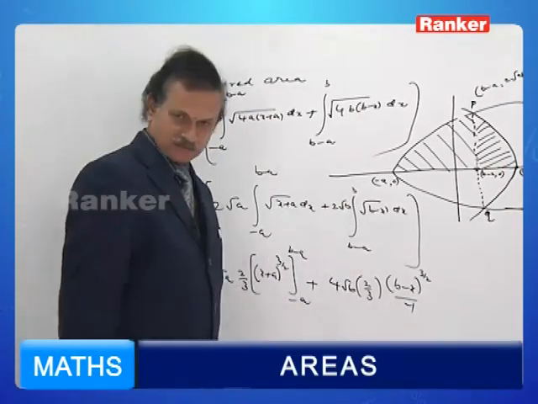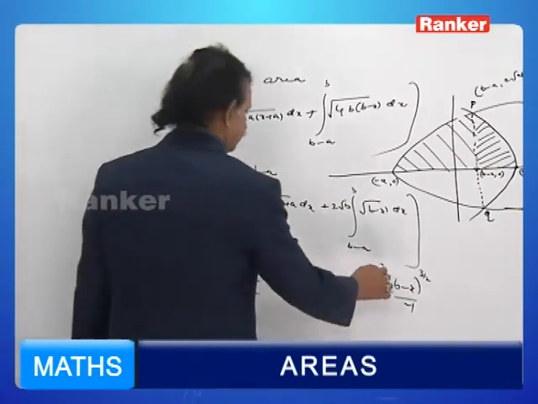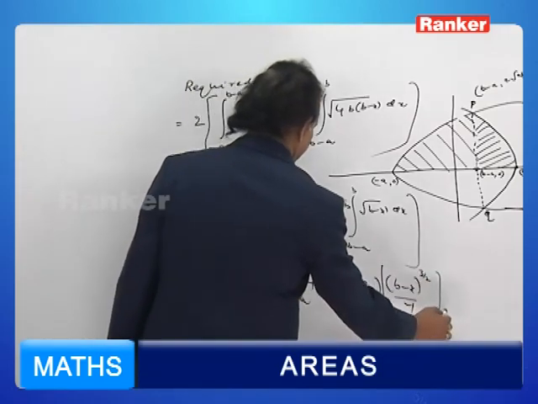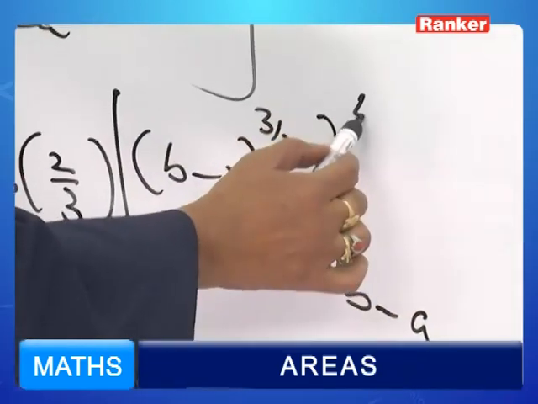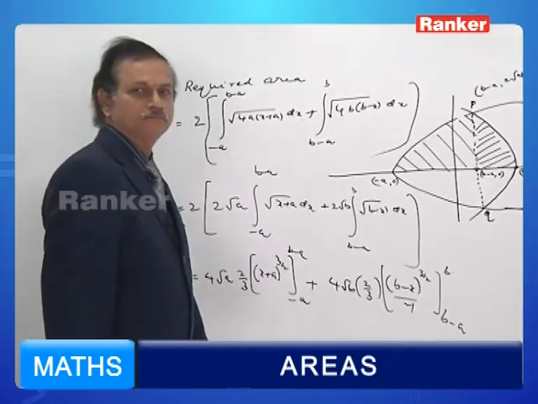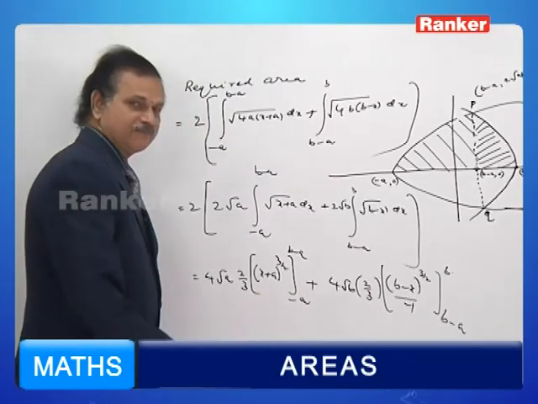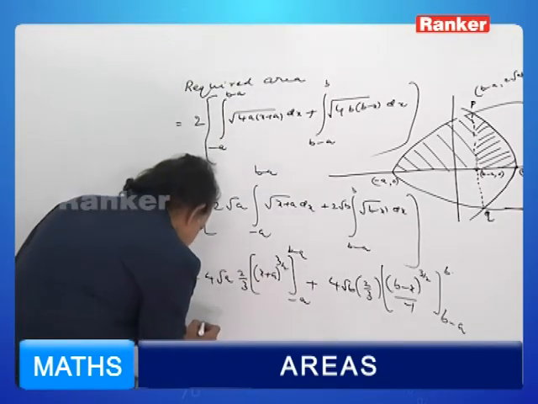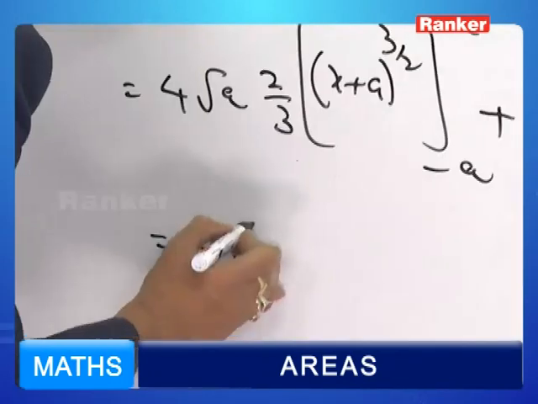Here it is b minus x between the limits b minus a to b.